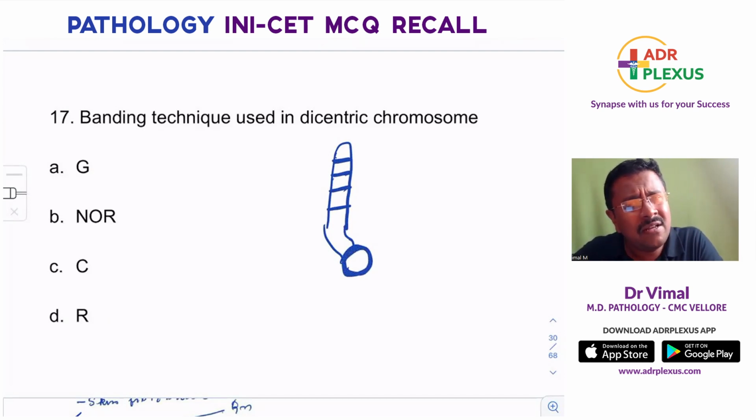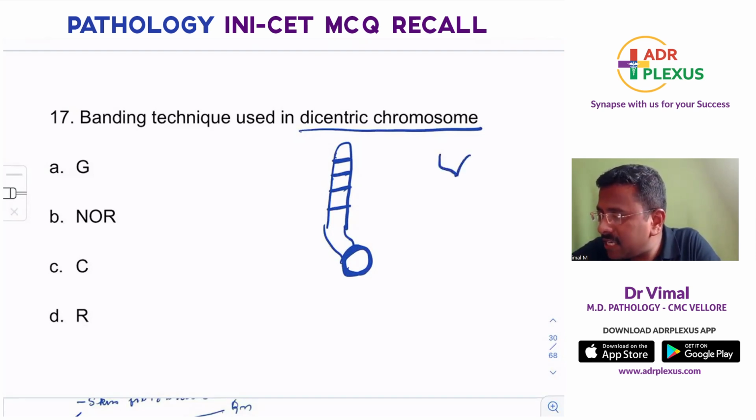So why has the examiner specifically given the words dicentric chromosome? A dicentric chromosome is one which has two centromeres.